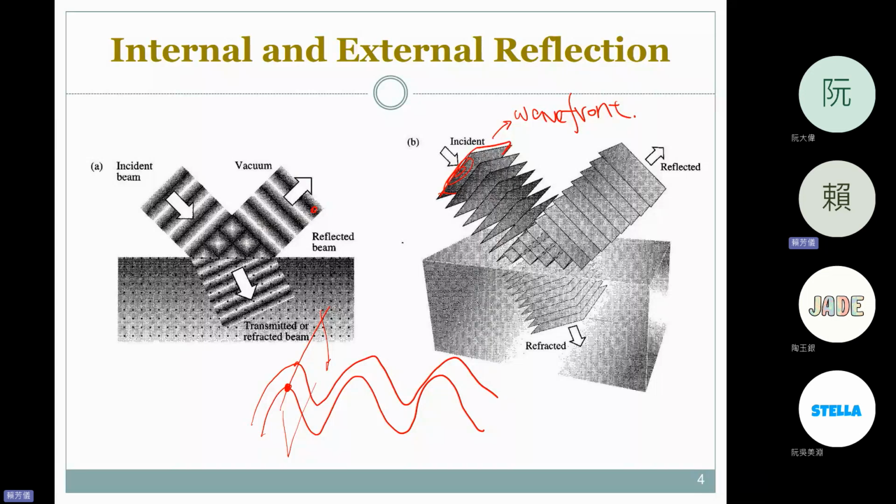Then you will see the black one and the white one. If the black one means the top of the wave, then the white one means the bottom position of the wave. So this is the same wavefront, and the direction of light travel will be perpendicular to the wavefront.